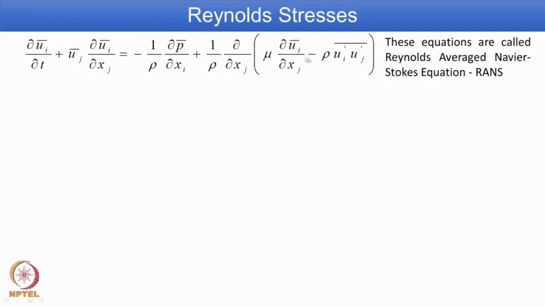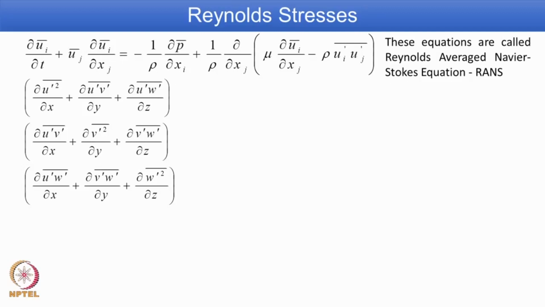Then the additional term which appears because of the time averaging procedure is rho u_i' u_j' bar, and this term appears from the convection term. For the sake of convenience, we move it from the left hand side to the right hand side, and it is grouped along with the viscous stress term. You can also check unit-wise, rho u_i' u_j' has the same unit as a stress term.